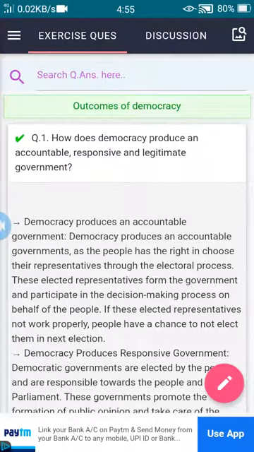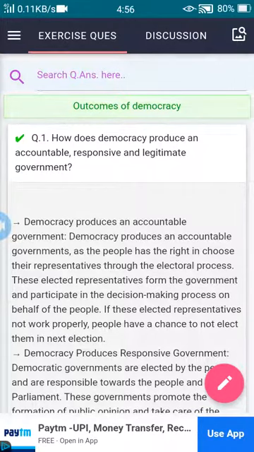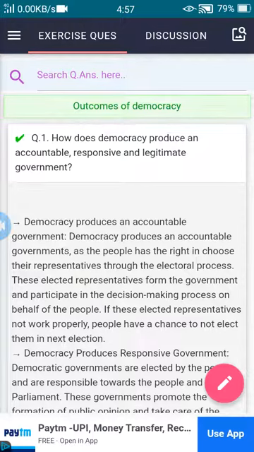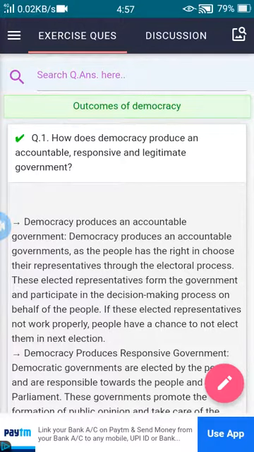These elected representatives form the government and participate in the decision making process on behalf of the people. If these elected representatives do not work properly, people have a chance to not elect them in the next election.